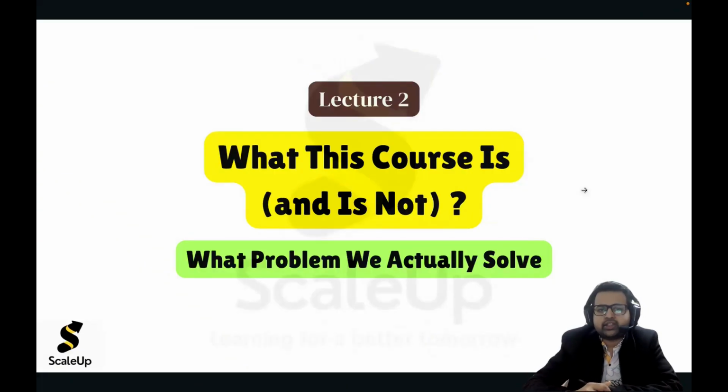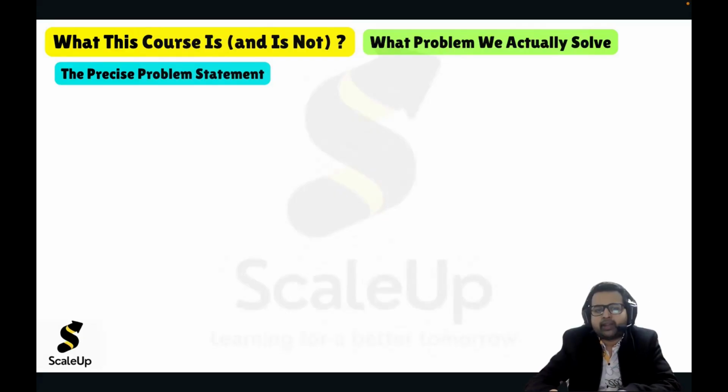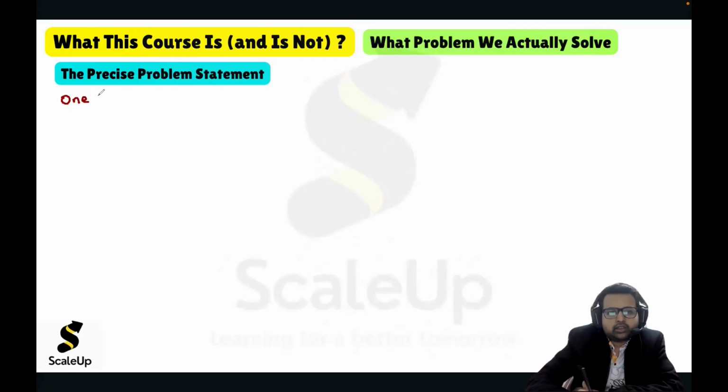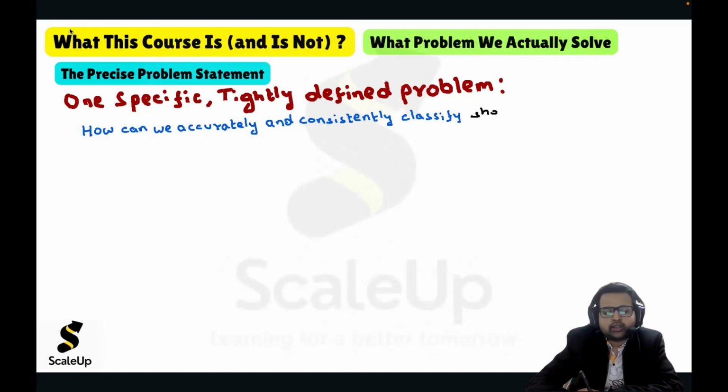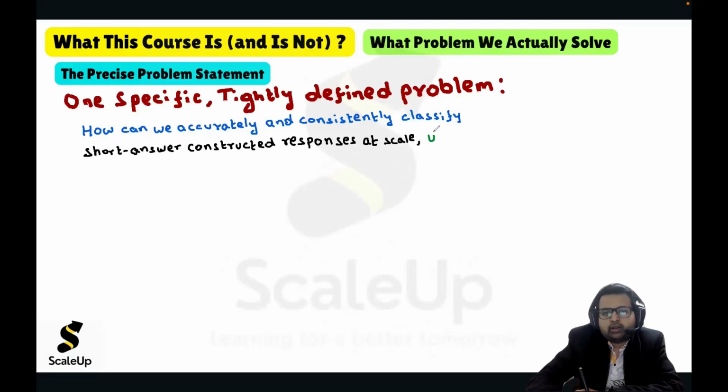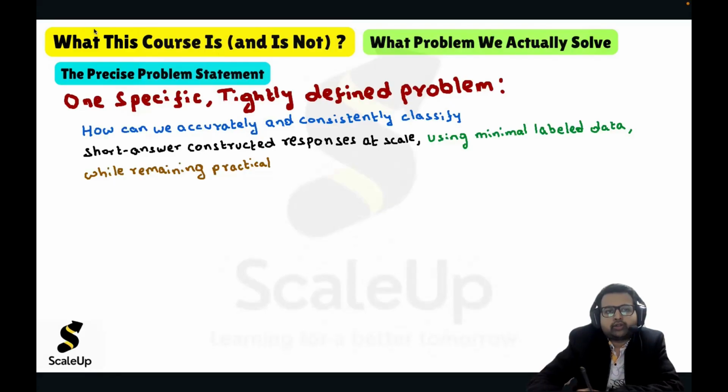So we'll start straight away with the first topic, that is what problem we actually solve. So the precise problem statement. We have a specific, tightly defined problem statement, and that is how can we accurately and consistently classify short answer constructed responses at scale using minimal labeled data while remaining practical for real classrooms.